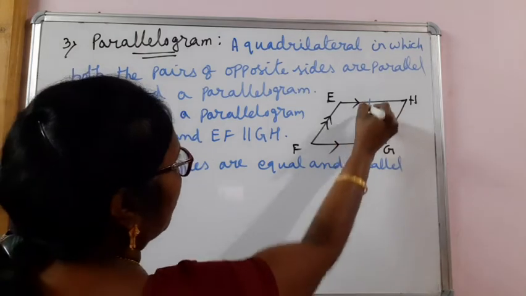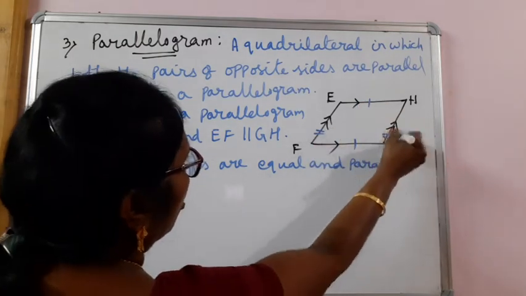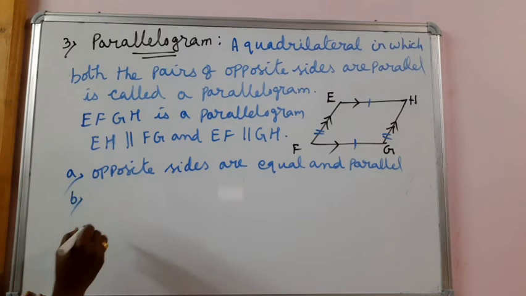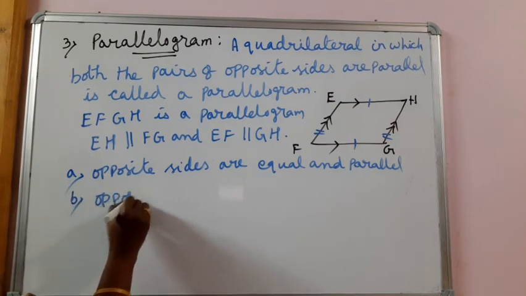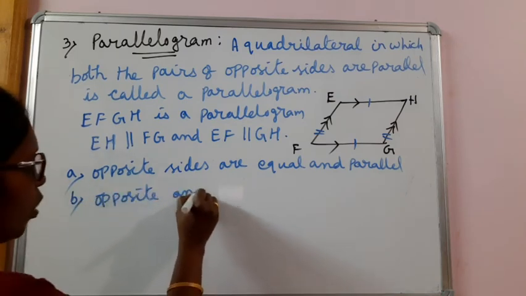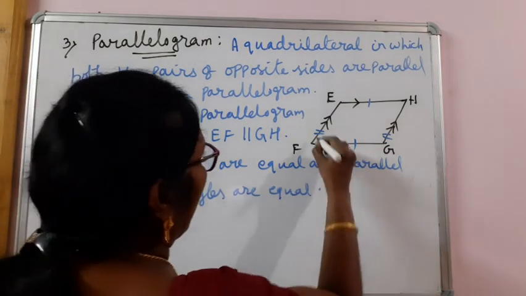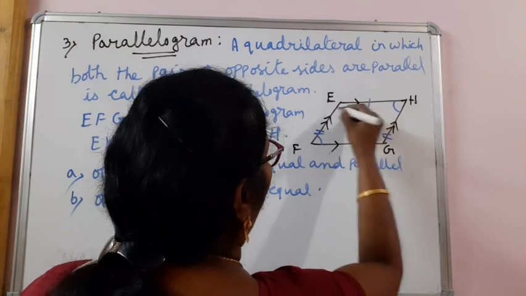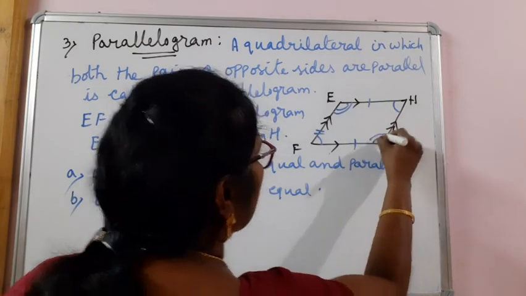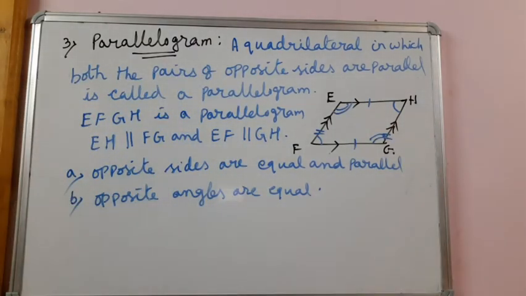And opposite angles are equal. Not only are opposite sides equal, opposite angles are too. Angle F is equal to angle H. Angle E is equal to angle G.